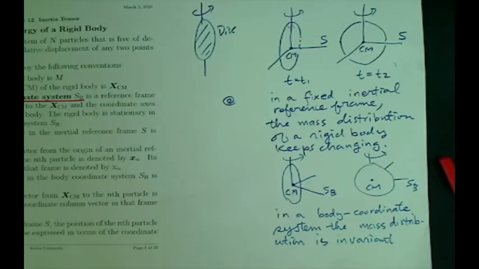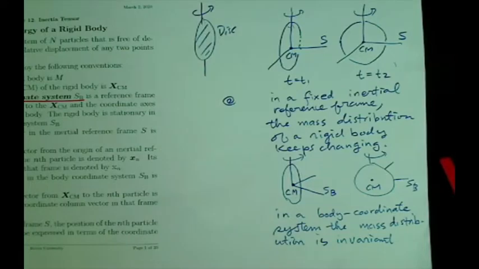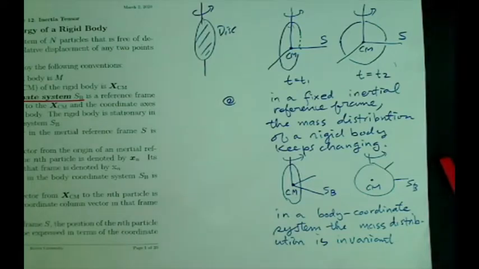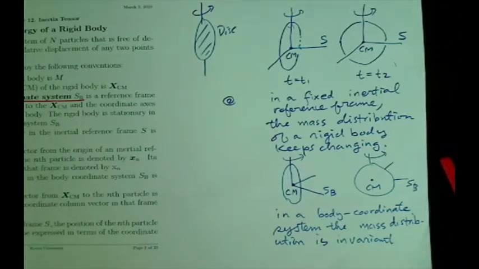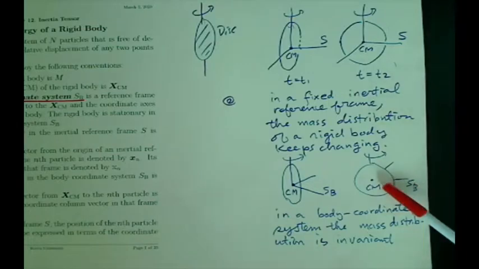body coordinate system. That is the system whose axes are all attached, fixed to the rigid body.